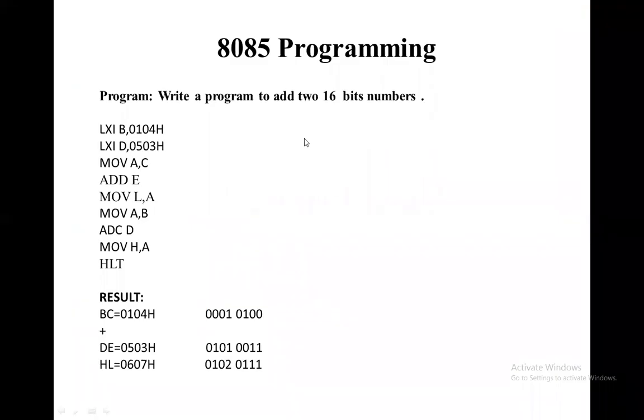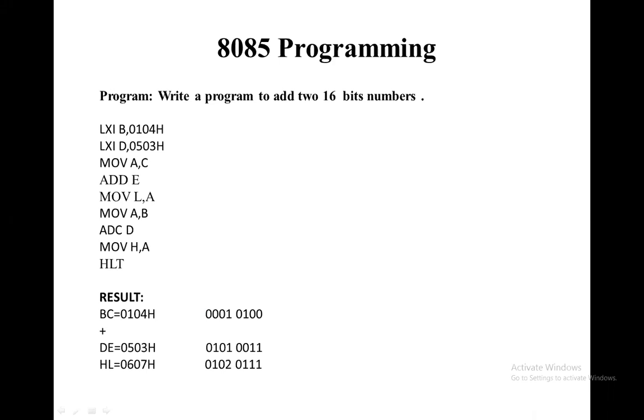These are the first two practicals of your subject. The first practical is to add two 8-bit and 16-bit numbers, and the second is to subtract two 8-bit and 16-bit numbers. It is the same program; you only replace ADD with SUB for subtraction. We'll discuss this.